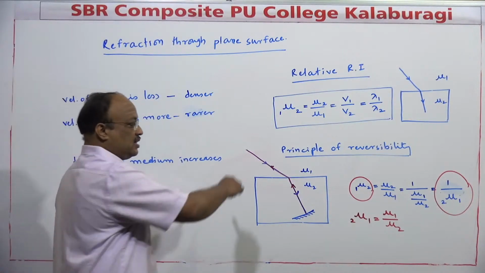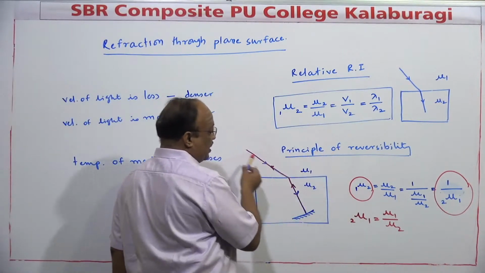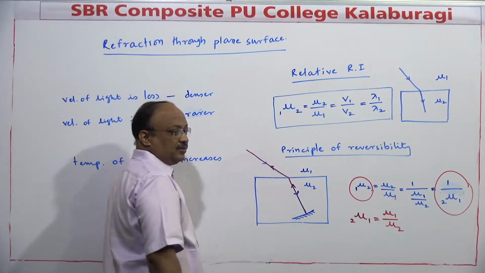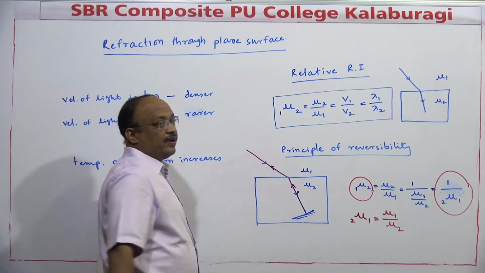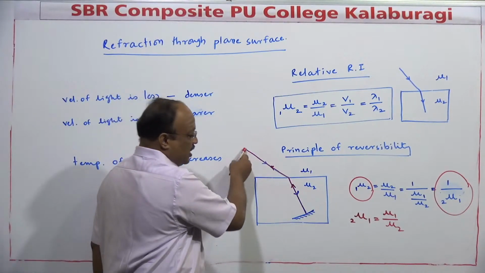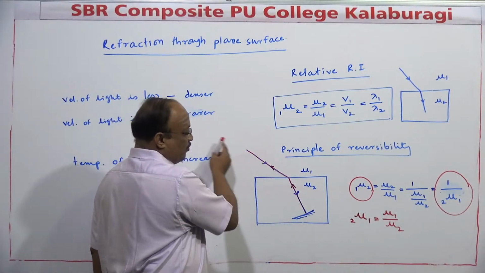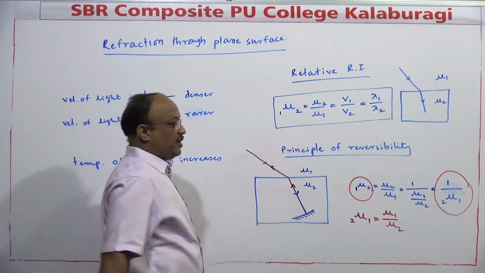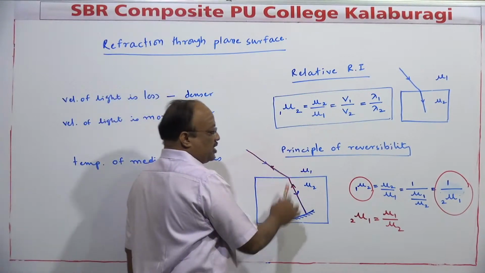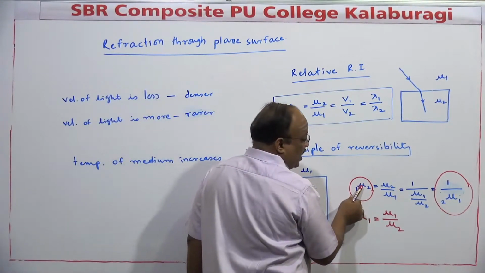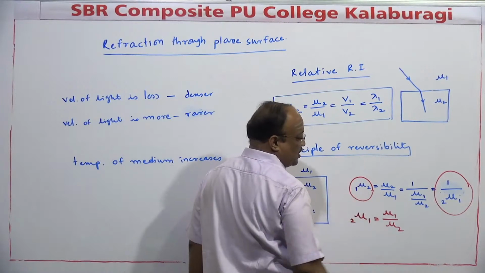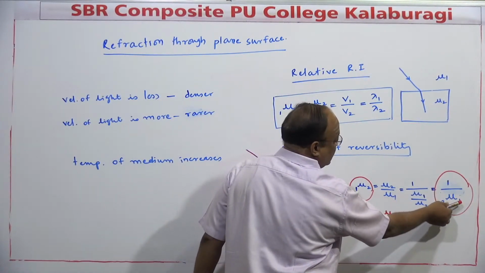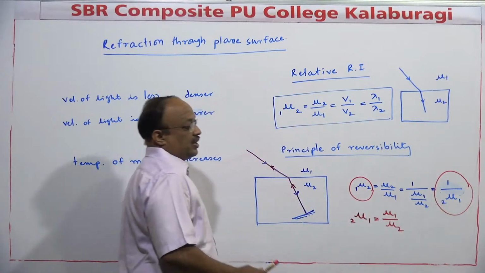This we say is the principle of reversibility: the ray retraces the same path if it is reversed. In whatever way it was incident, in the same path it will go back. So from the principle of reversibility, the refractive index of the second medium with respect to the first medium is equal to 1 by the refractive index of the first medium with respect to the second.